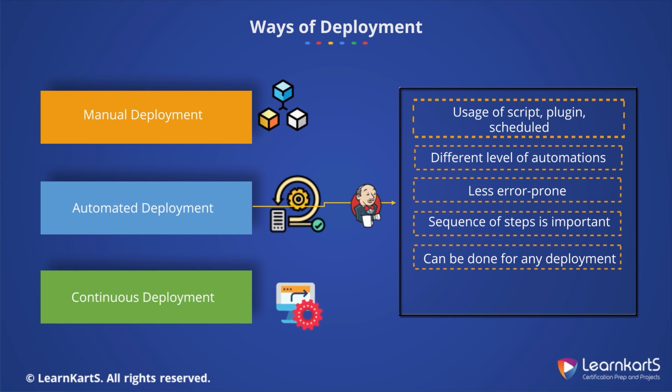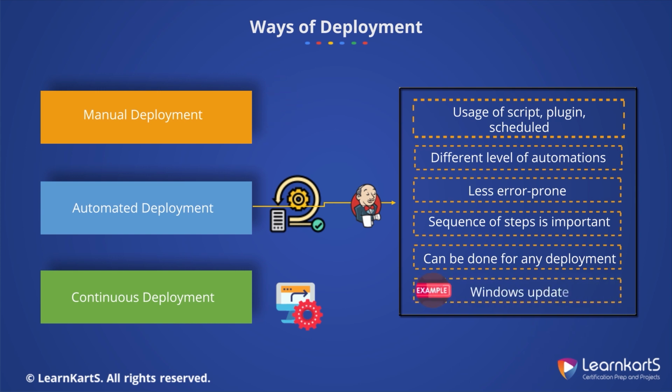Now, a classic example, even without going into programming languages, if we want to understand it in daily activities, the classic example of automated deploys is Windows Update. As you can see, it's getting deployed on each and every person's machine, and you don't have to do any manual effort on your local machine.